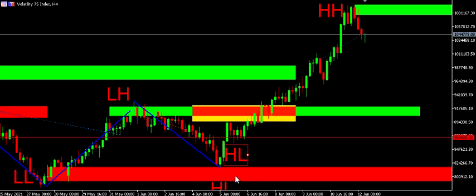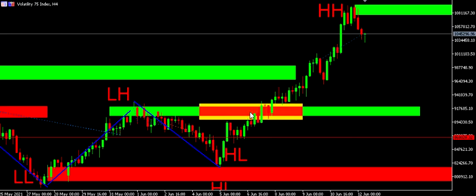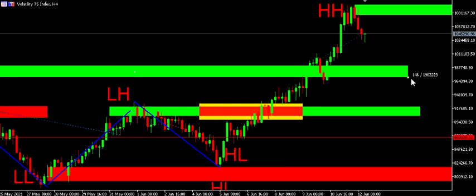This is where we have the break of the neckline of the inverted head and shoulder pattern. And this is our initial resistance, and this is another resistance zone around here.